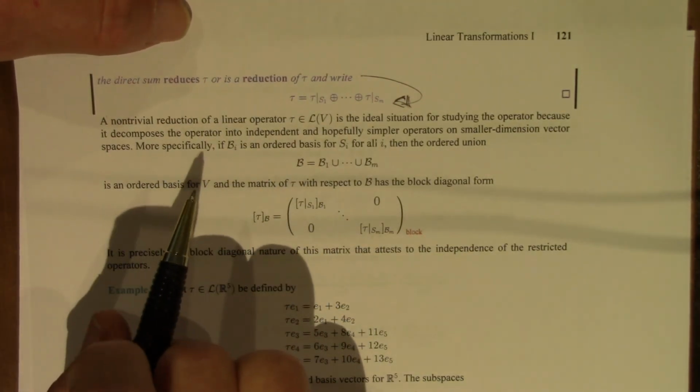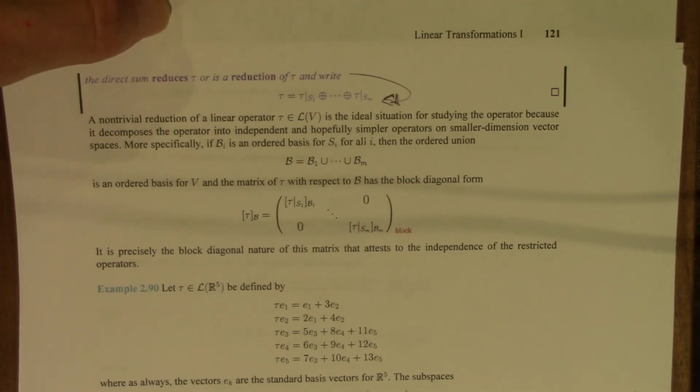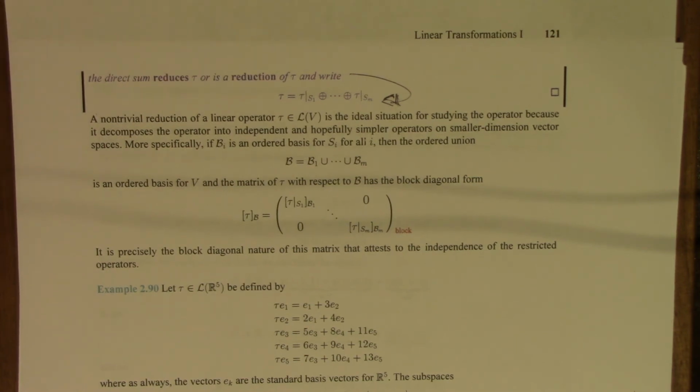A non-trivial reduction of a linear operator is the ideal situation for studying the operator because it decomposes the operator into independent and hopefully simpler operators. At least they're simpler in the sense that they're on smaller dimensional vector spaces.